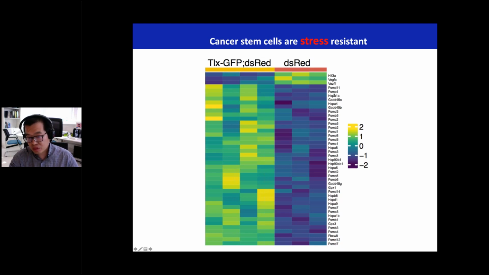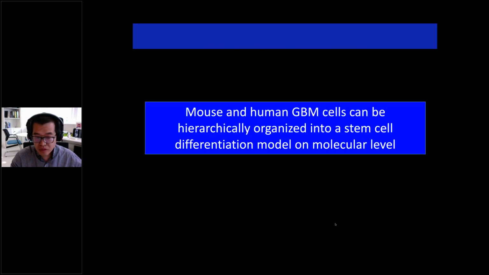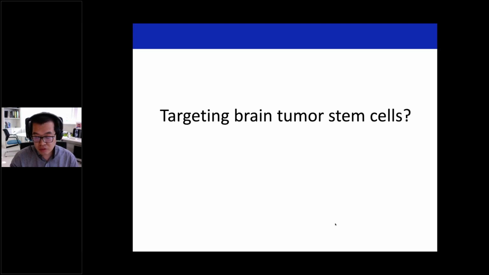So the proteasome pathway and heat shock pathways are dramatically upregulated, and I think that probably indicates a classic stress, maybe related to the integrated stress response. From this data, we also analyzed human single cell data. It looks really similar. I think what Trevor showed is also very clear, and many other single cell studies indicate that both mouse and human GBM cells can be hierarchically organized into a stem cell differentiation model on the molecular level. On the cellular level, of course, yes, the same.